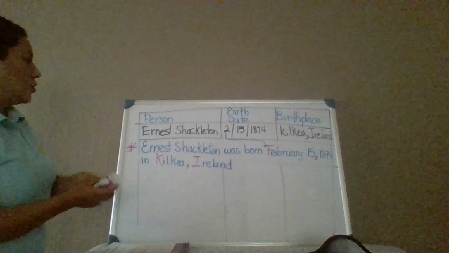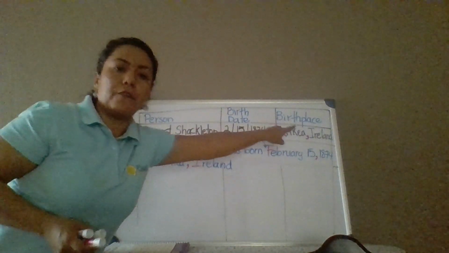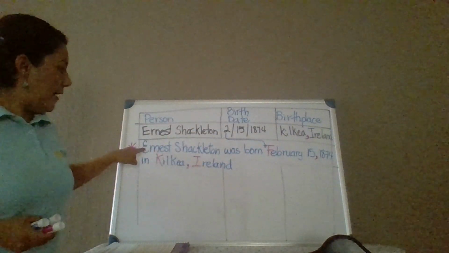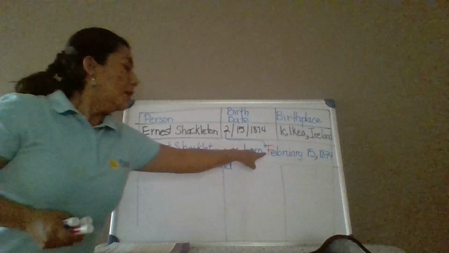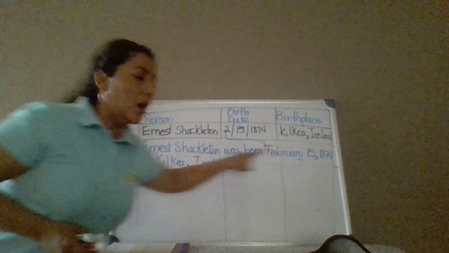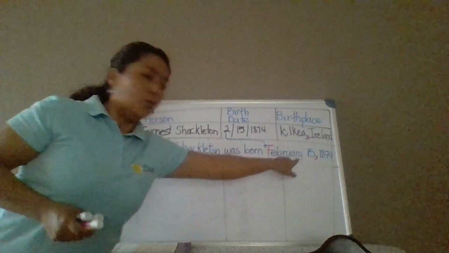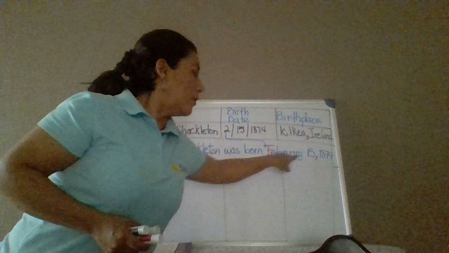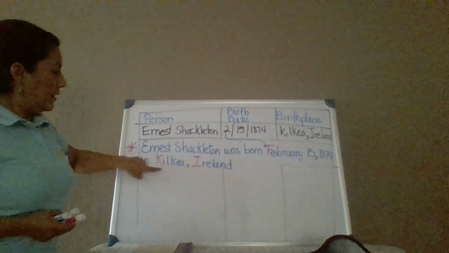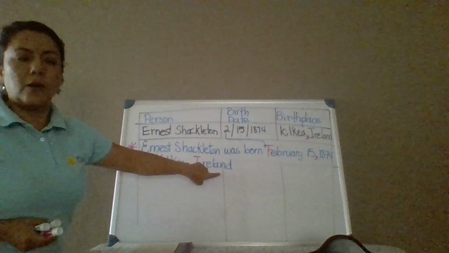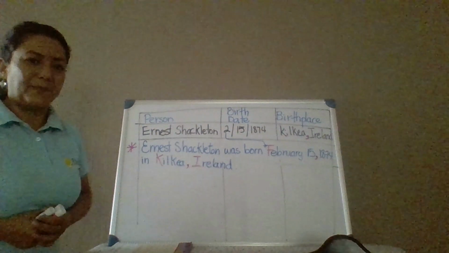We used parts of information and then we put them like a sentence using commas to separate the number of day from the year and the city from the country, or the state from the country. Okay?